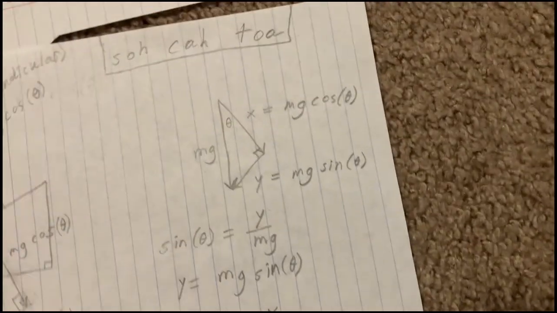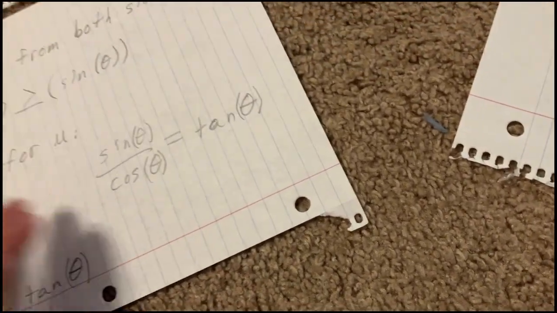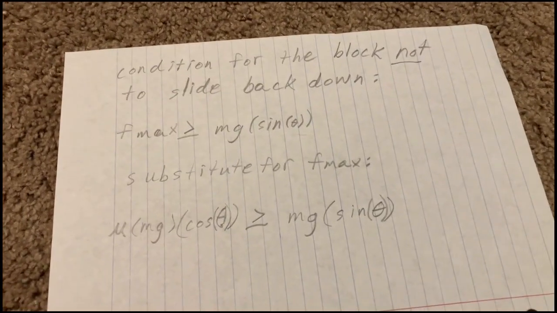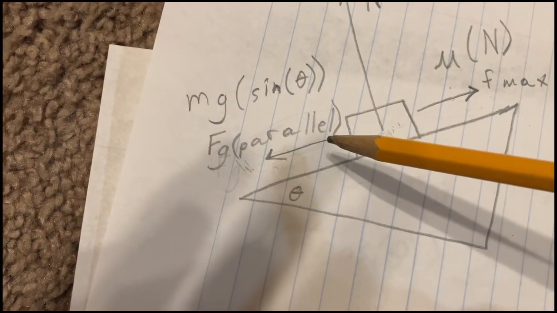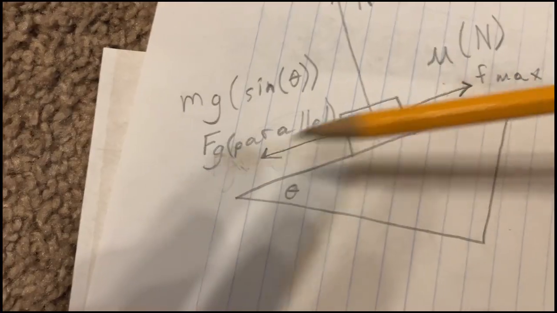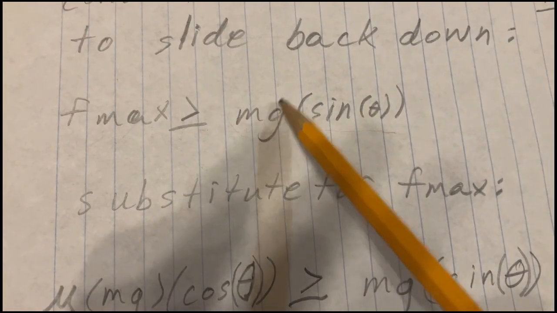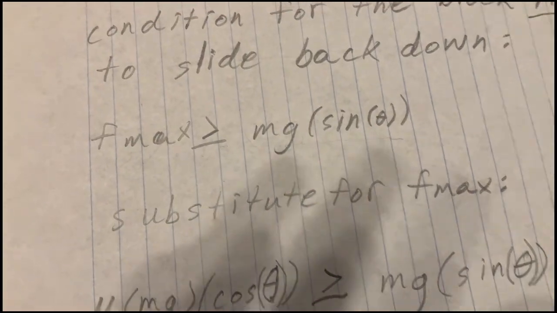Now, let's look at the condition. So the condition for the block to not slide back down would be that the frictional force must be greater than or equal to the component of the gravitational force that is pulling the block down the slope, which is, as we discovered earlier, the force of gravity times sine of theta.